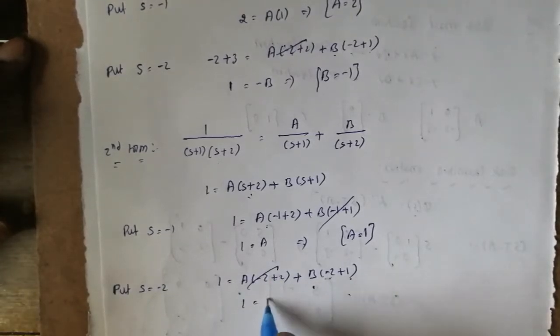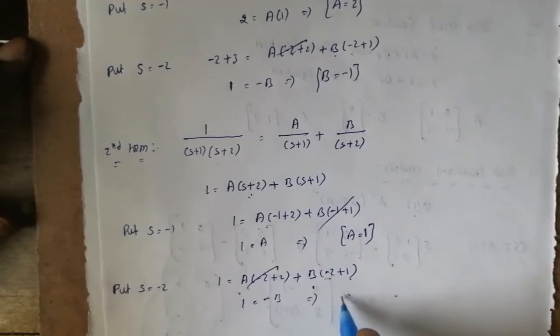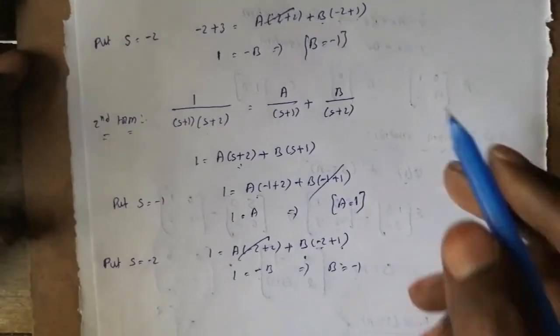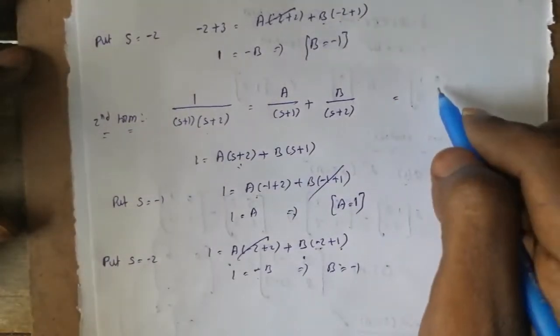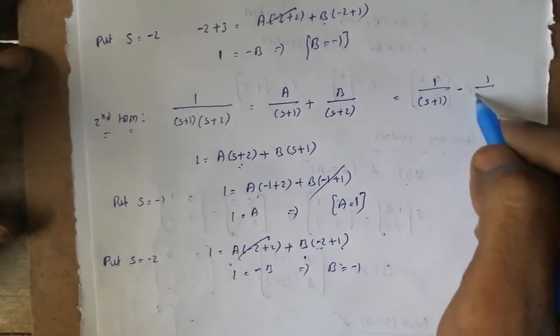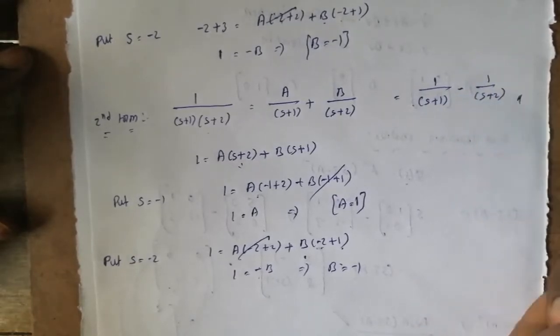The A term is 0, and 1 equals minus B, so B equals minus 1. If you substitute the A and B values, you will get 1/(s+1) minus 1/(s+2). So this is the second term.